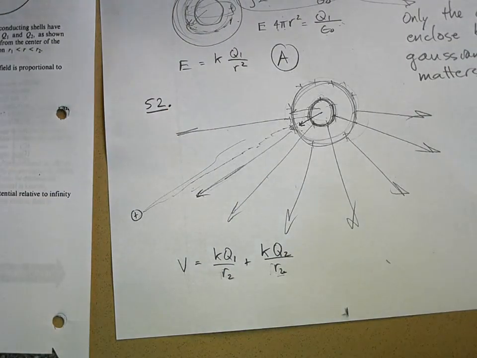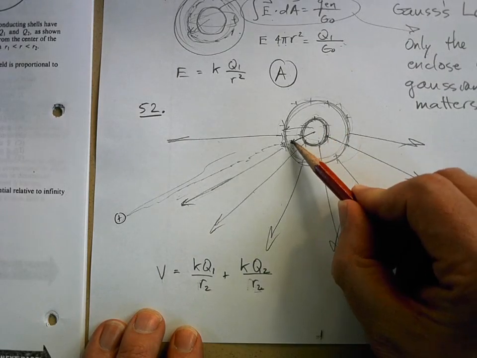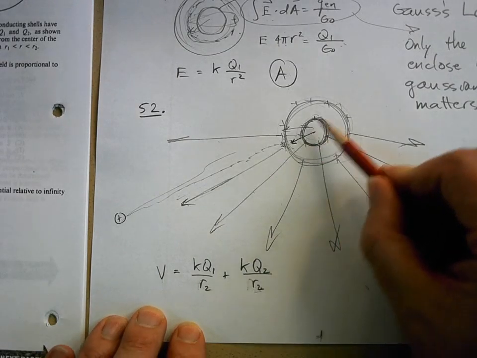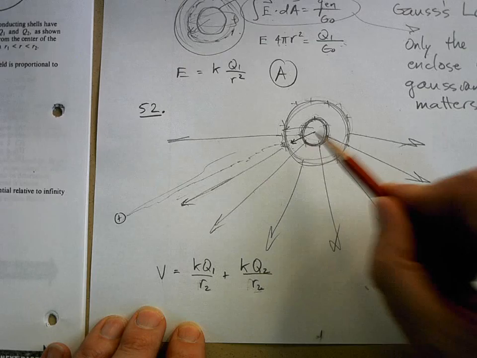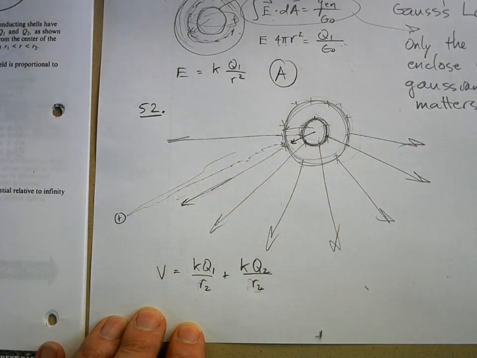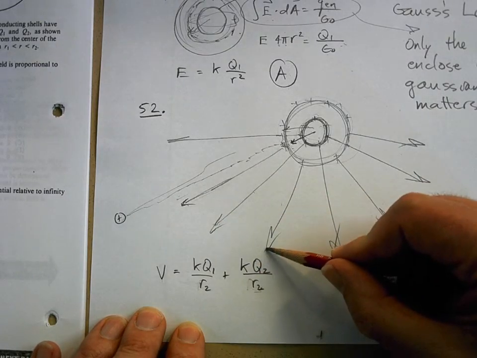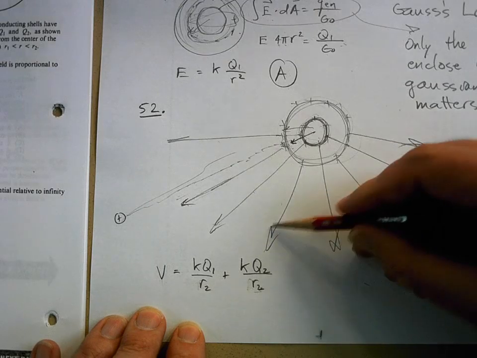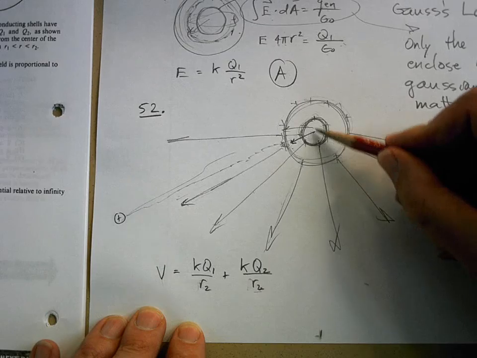But then, look what I have to do. I actually am going to go to point R, but once I'm inside here, look right here. Once I'm inside, I only have to do work against the field from Q1. I don't have to do work against the field of Q2. That's gone. Here's Q2. The field of charge 2 ends right here. But against this one, I have to keep going.